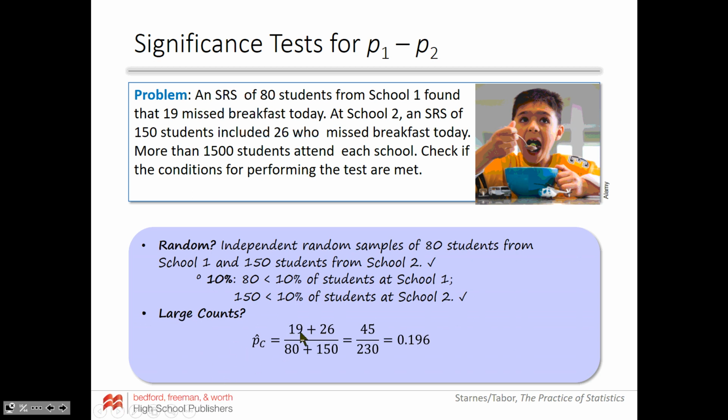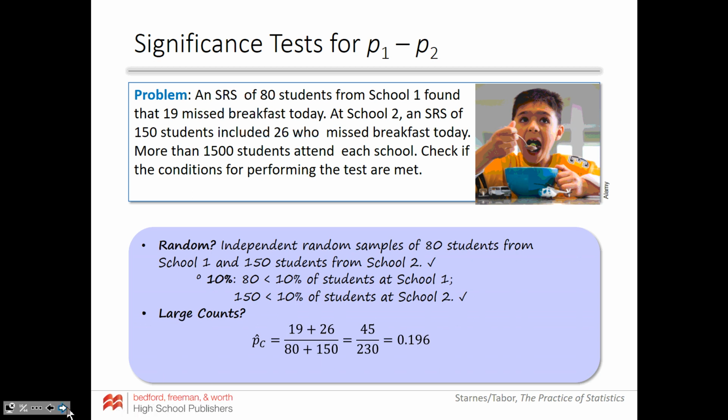You're literally just going to combine the two samples. We had 19 who missed breakfast at school 1, 26 who missed breakfast at school 2, so 19 plus 26. We had 80 total students sampled and 150 total sampled, 80 plus 150. So our p hat combined is 19.6%.